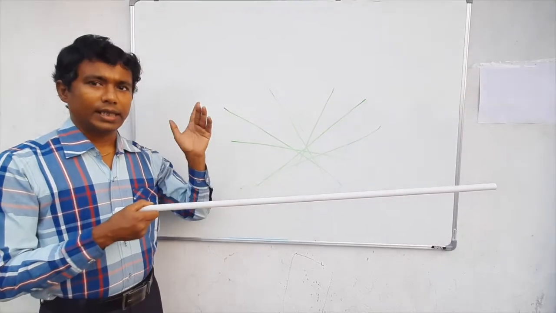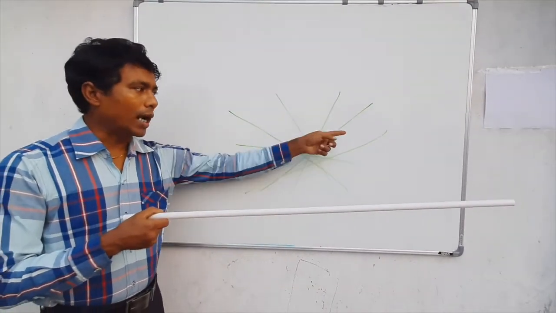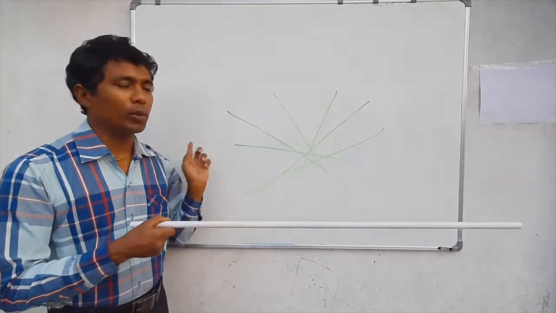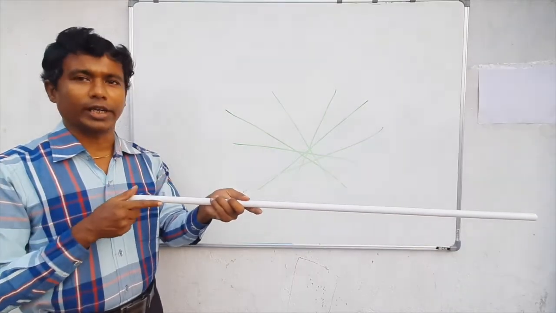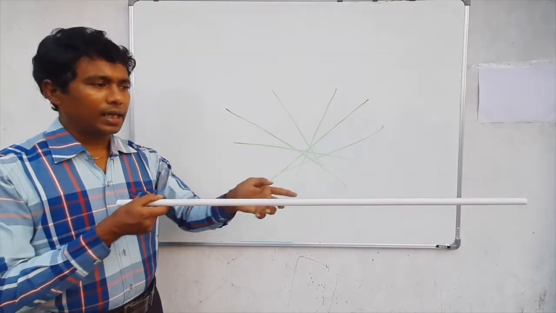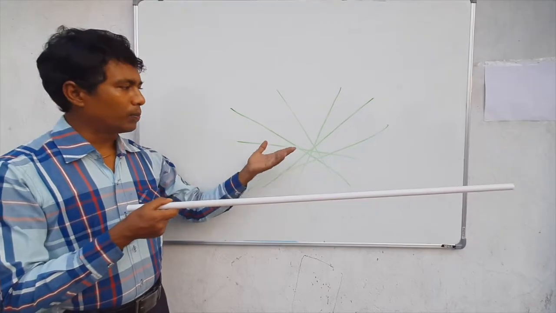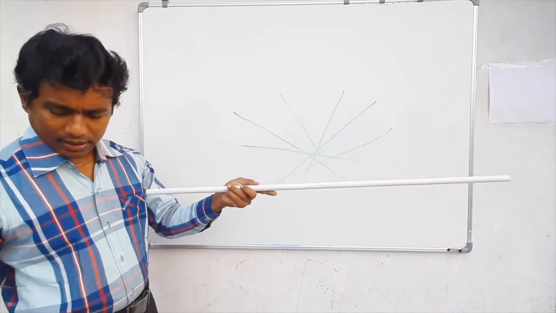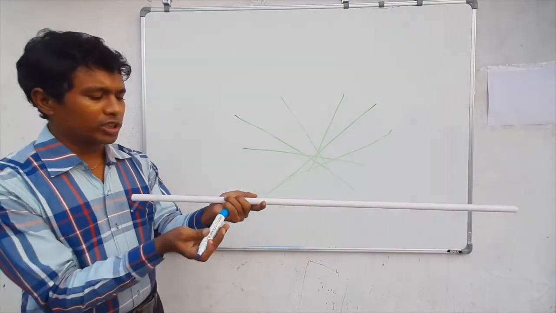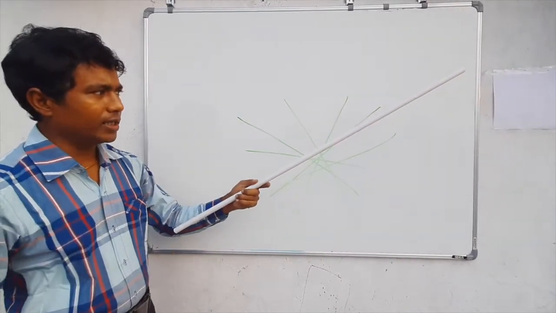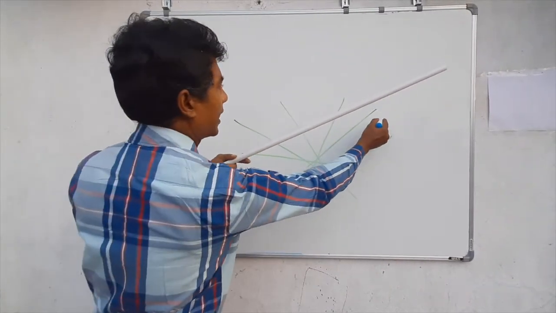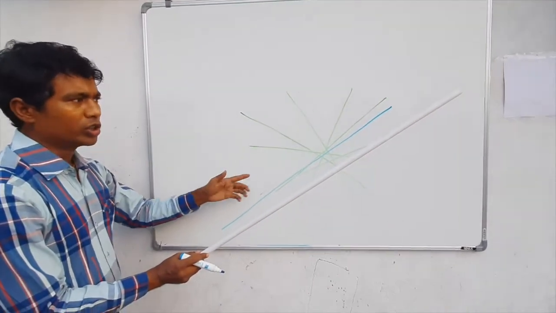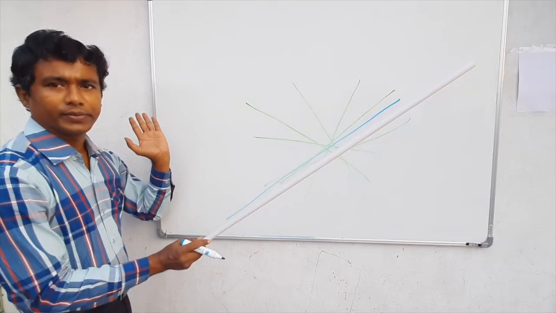I repeat, if any one line on the board, out of this infinite combination, is parallel to this line, then the line is said to be parallel to the plane. So now definitely we are getting at least one line which is parallel. Is it parallel? Yes, it is parallel, because we can draw a line on the board, the blue one, which is parallel to this line. So it is parallel to the plane.